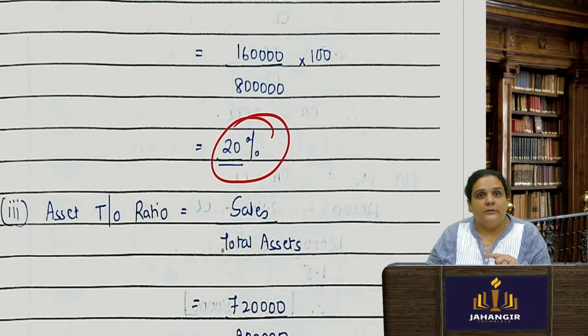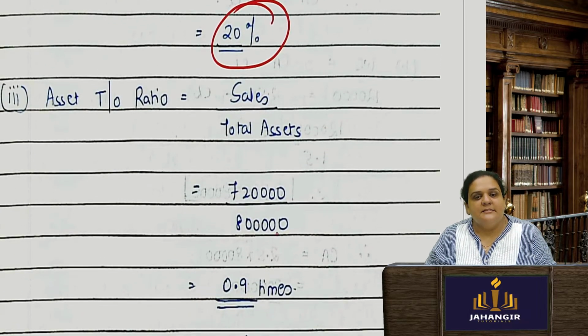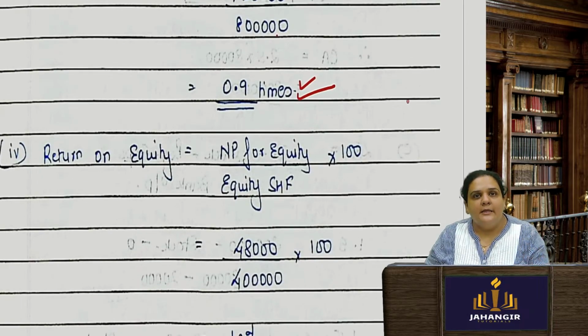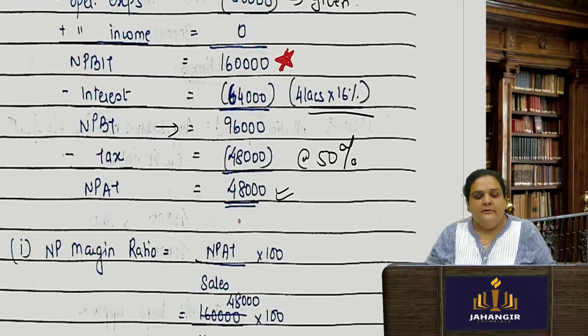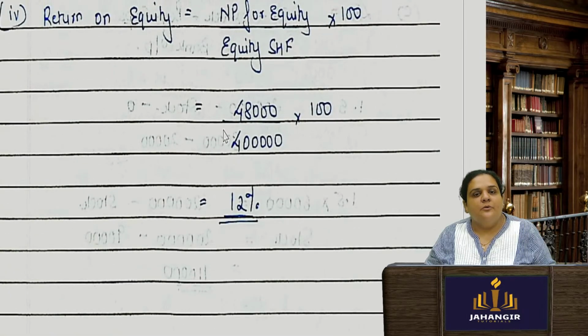Asset turnover. Turnover means sales upon total assets. Sales is 7,20,000. Assets is 8 lakhs. 0.9 times. This is always in times for turnover ratios. Return on equity will be the profit available for equity shareholders. I think this will be the net profit after tax itself, upon the equity shareholders' funds.